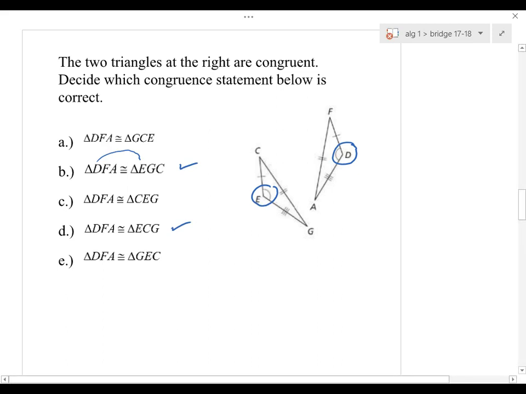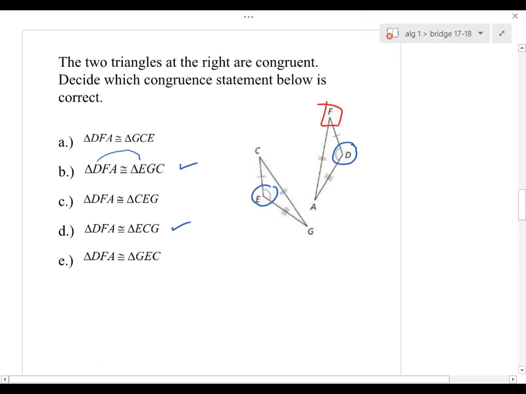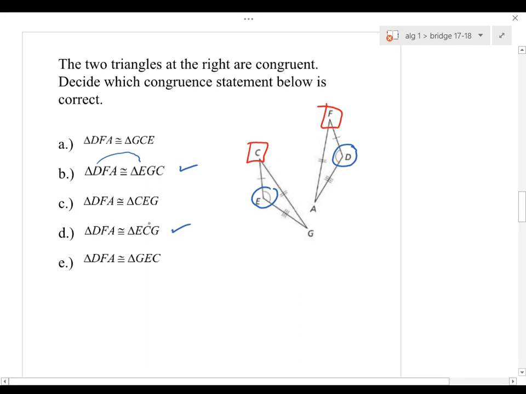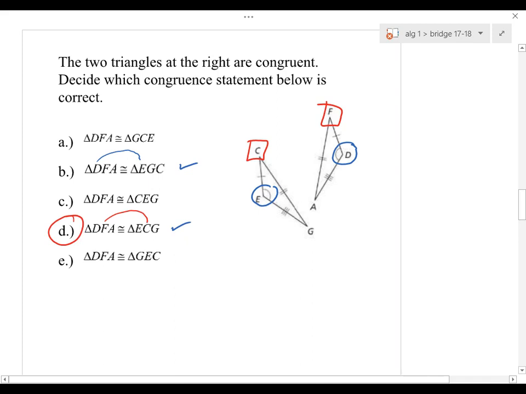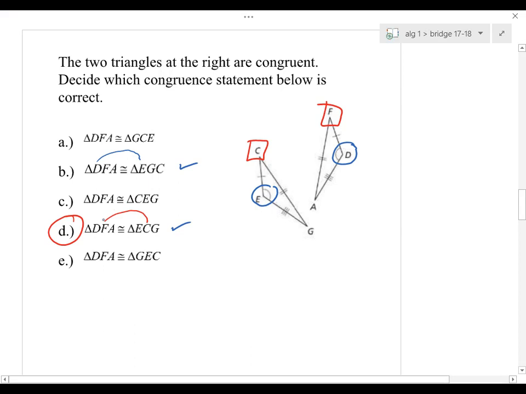The next vertex we have is F. We have DFA. So I look at F, and F corresponds with C. The only one where I have F going to C is right here. So it has to be D, because we have both of those corresponding. So the answer is D. Triangle DFA is congruent to triangle ECG.